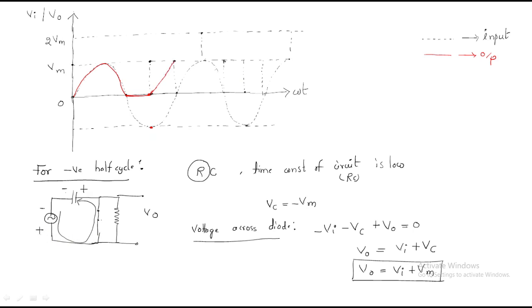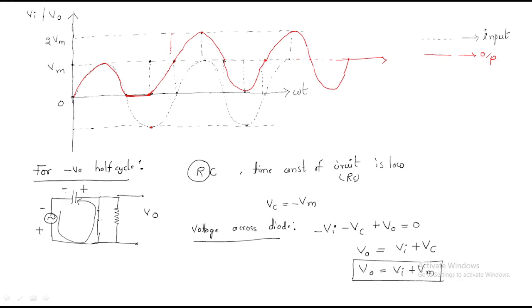It will reach the peak point here and it will go down, and reach the peak point here. So the curve follows this path. Understand?